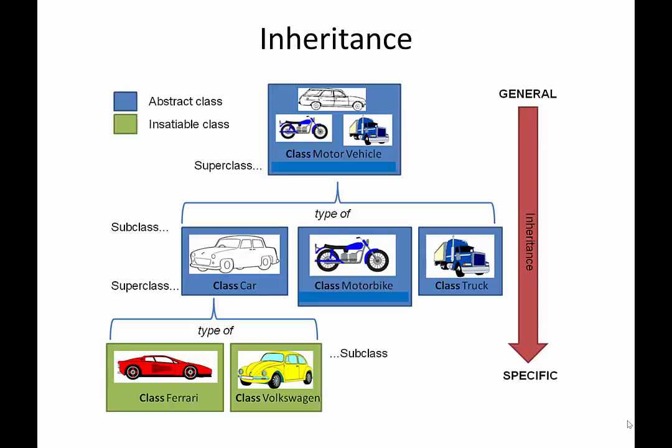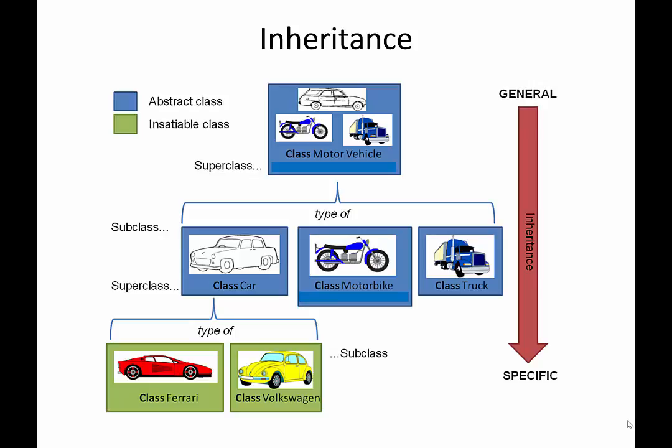Okay. So at the top of our hierarchy, we have a class, in this case called motor vehicle. So it includes all the possible motor vehicles that we can envisage. We have various types of motor vehicles, subclasses of motor vehicle. In this case, we've got car, motorbike, and truck.